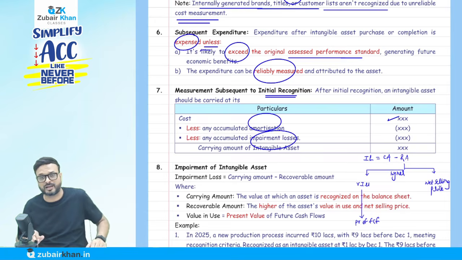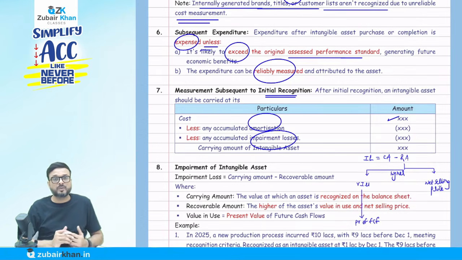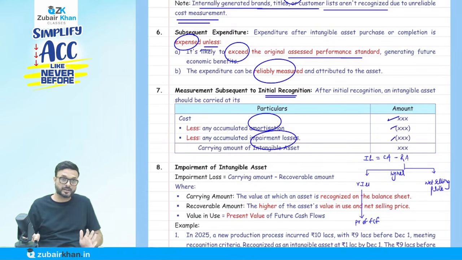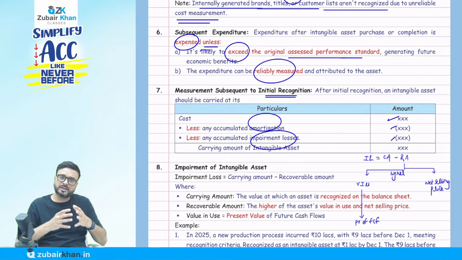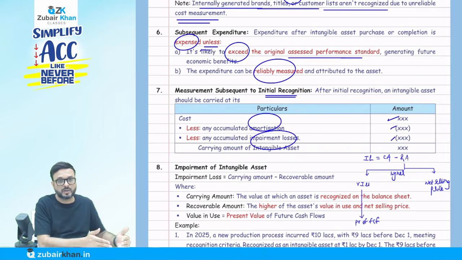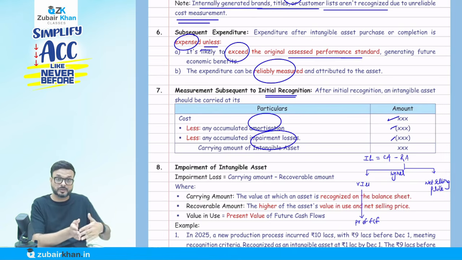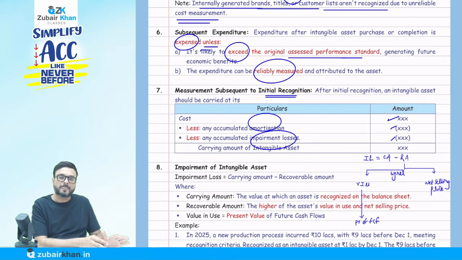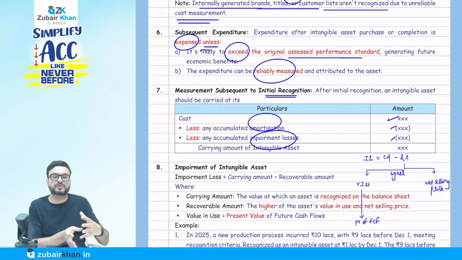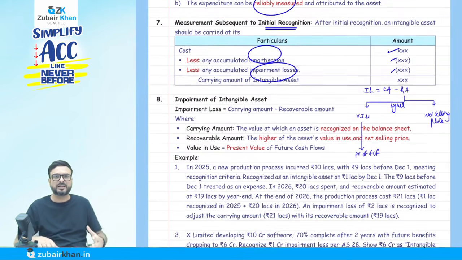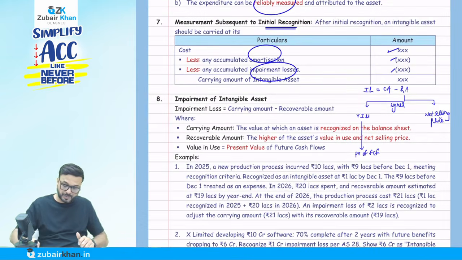We deduct it the same way as for PPE under AS 10, and if there is impairment loss in intangible assets, we deduct that here too. We will discuss it in detail in accounting standard 28, but I am briefly telling you what impairment loss is.